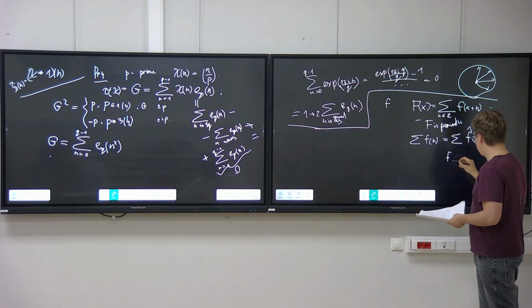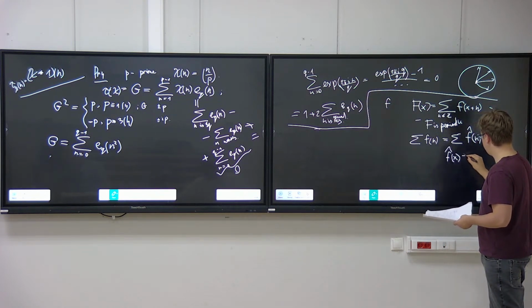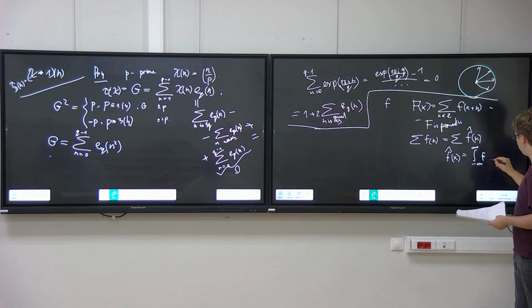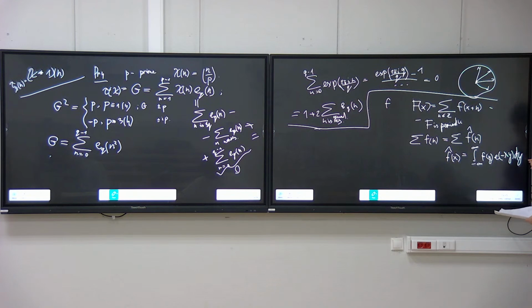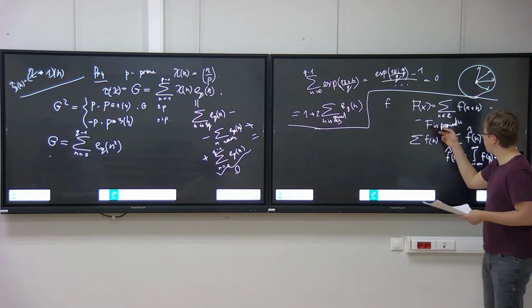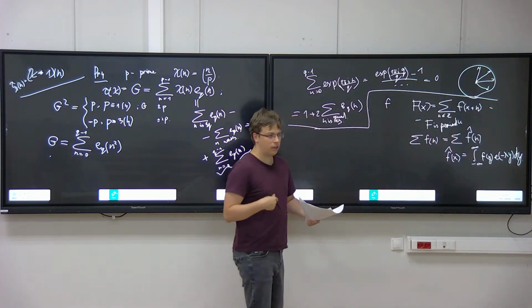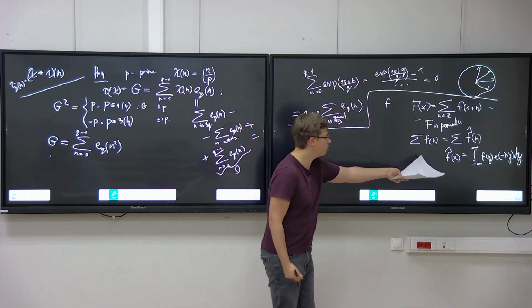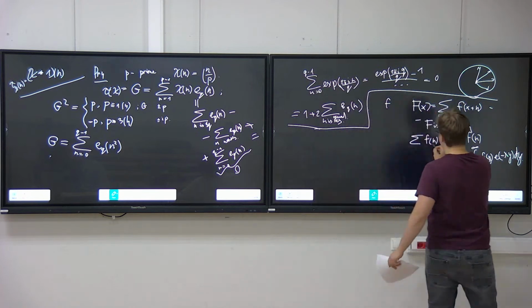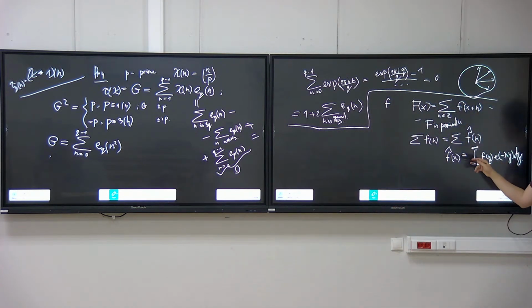Let me remind you, f hat of x is the integral from minus infinity to infinity of f of y, e of minus x y, dy. Okay. If f is such a function that at 0 its Fourier series converges to its value at 0, then we have such a formula, because this is the value of f at 0, and this is its Fourier series at 0.